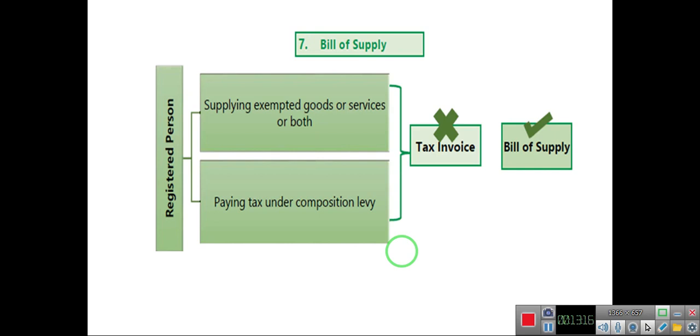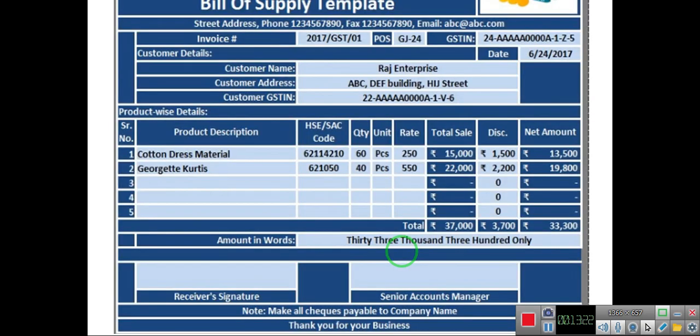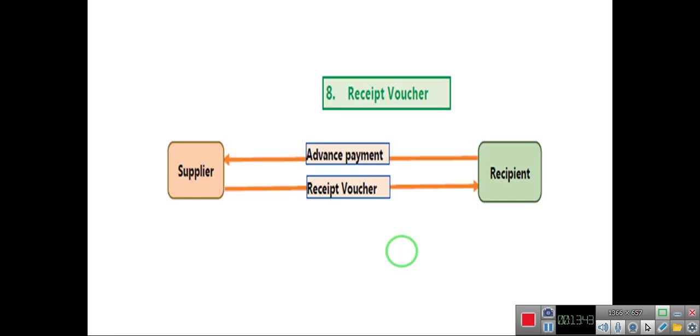In that case, instead of a tax invoice, he will issue a bill of supply. The bill of supply has the same contents as a tax invoice except the tax amount. Since the supplier is an unregistered person, he can't collect tax, so no details of tax will be mentioned in the bill of supply. The next is receipt voucher.